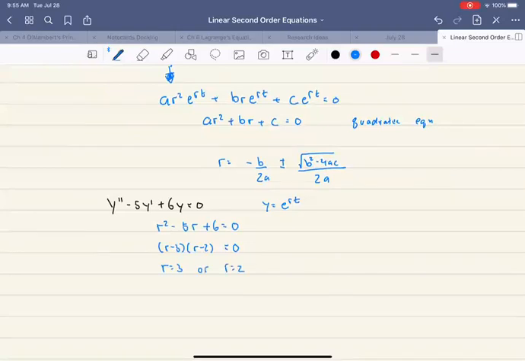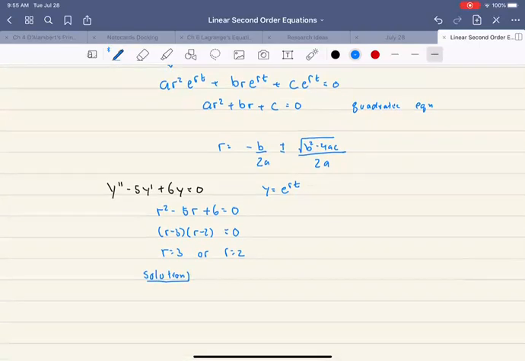So you get our solution. We're going to write it as a e to the 3t plus b e to the 2t is equal to y of t. And a and b are going to be determined by initial conditions.